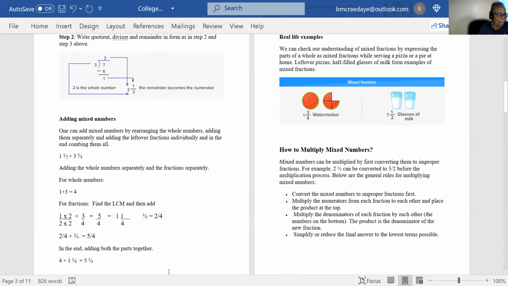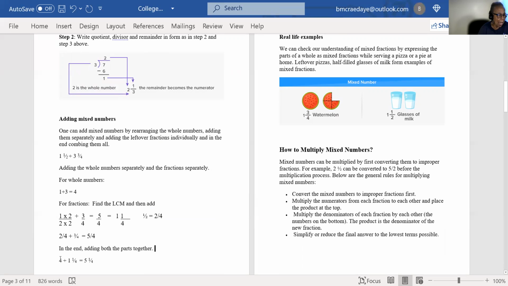So now I can add what? I got the whole numbers. 1 plus 3 is 4. And then I've got 5/4, which converted to a mixed number is 1 1/4 right here. And all you do is divide 4 into 5 one time, and then you have a 1 remainder, and you put that over the 4.